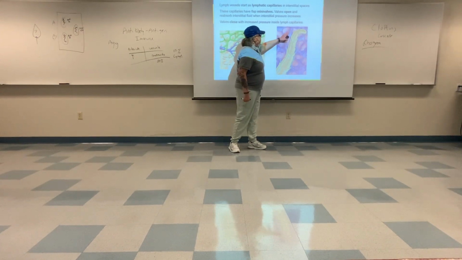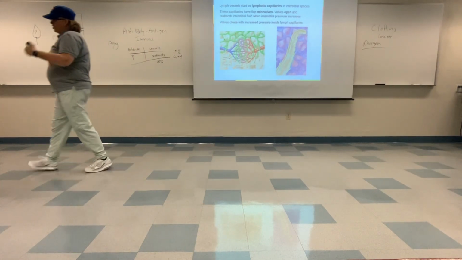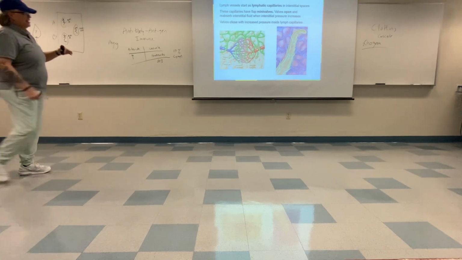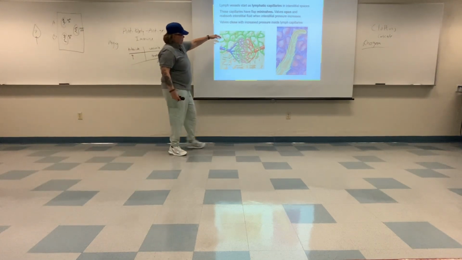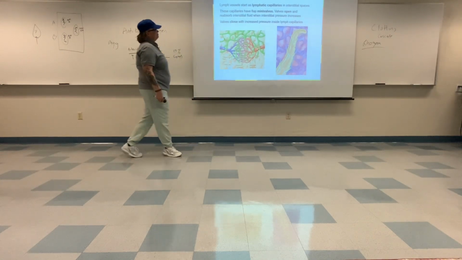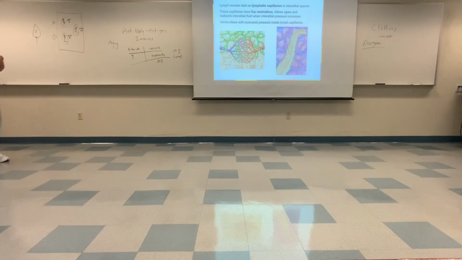When the pressure outside in the interstitial fluid gets higher than inside the lymphatics, it opens up these gates. The interstitial fluid comes in, and now it's called lymph. It cannot escape. Once it's in there, it's in there. And you see how these lymphatic capillaries run all through this capillary bed.